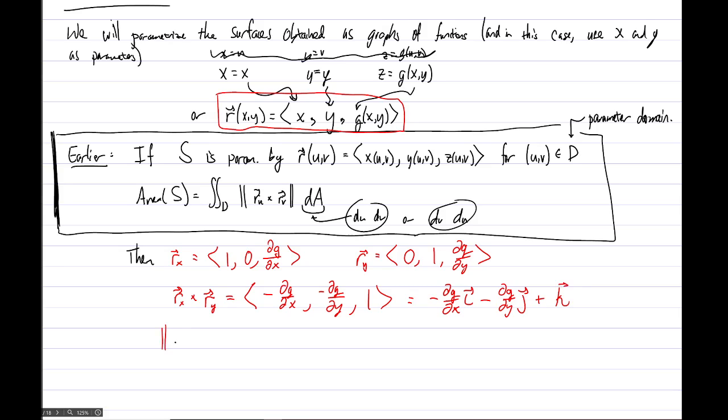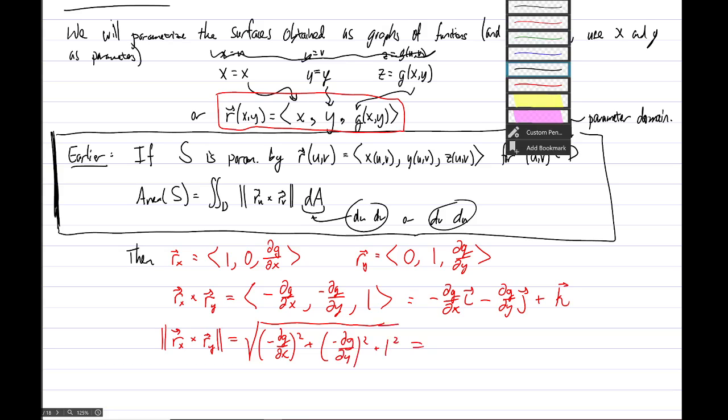So if we work out the magnitude of r sub x cross product r sub y, we should take the square root of the squares of each of these pieces. We'll have the square root of quantity negative dg over dx squared plus quantity negative dg over dy squared plus 1 squared.